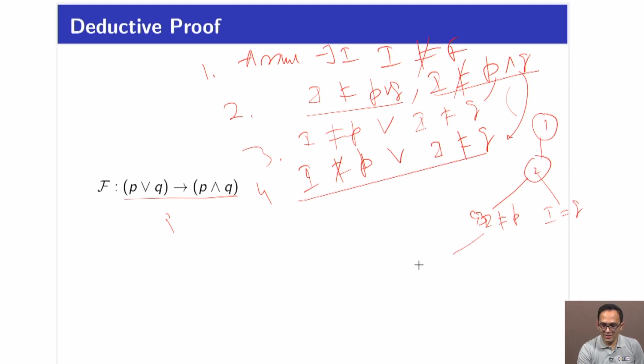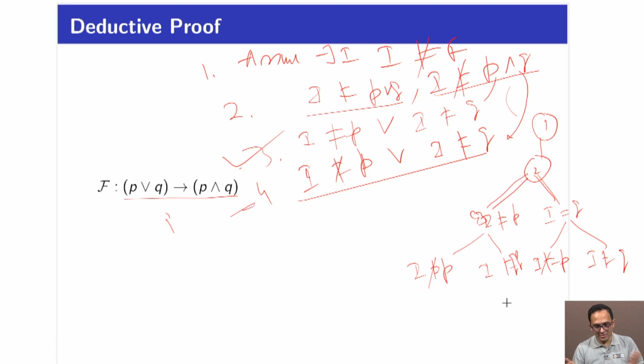So, it says that I does not satisfy P or I does not satisfy Q. Here also I can apply the same rule. So, it will create the branch I does not satisfy P and I satisfies Q. Effectively, I write this line number 3 here, this branch is coming from line number 3, and after that I am applying this rule, so it will again create a branch.